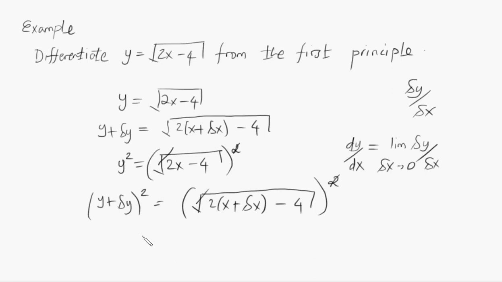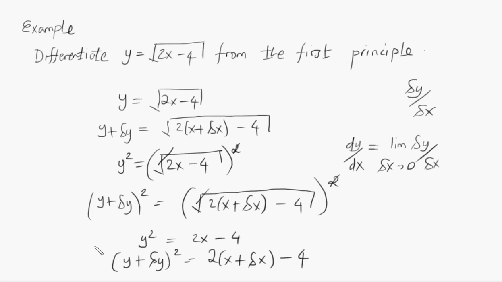So y squared is just equal to 2x minus 4, and y plus delta y squared is just equal to 2x plus delta x minus 4.